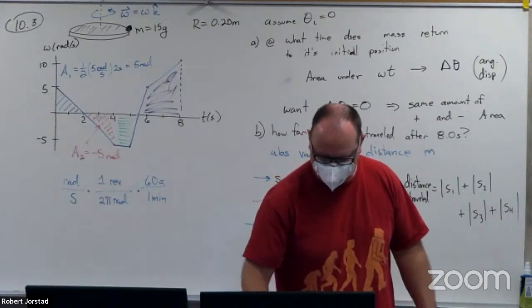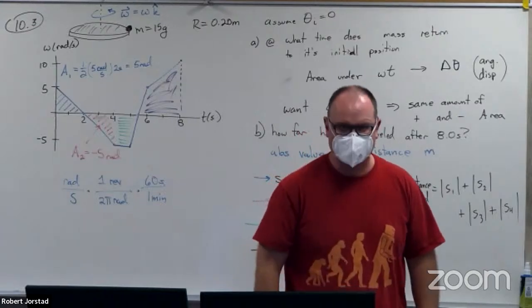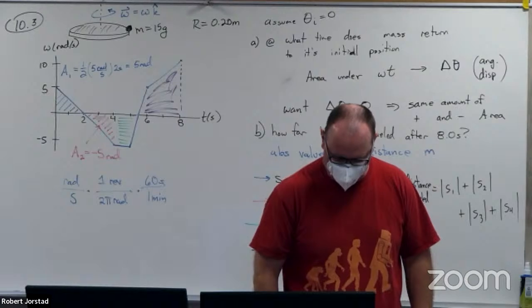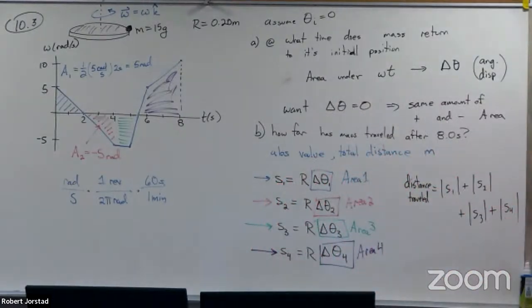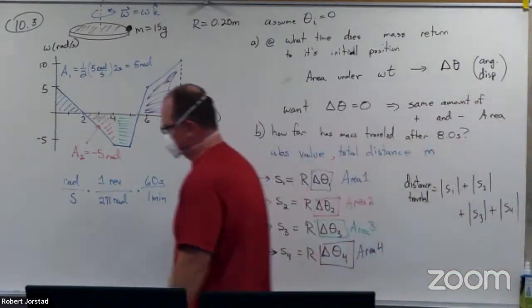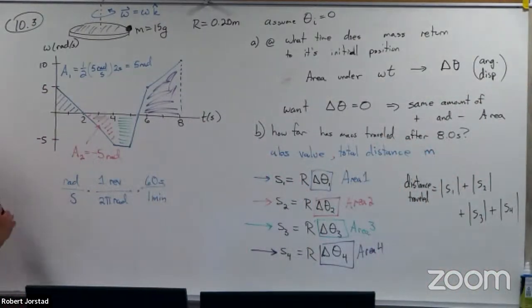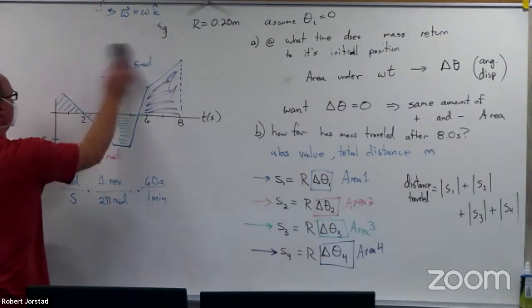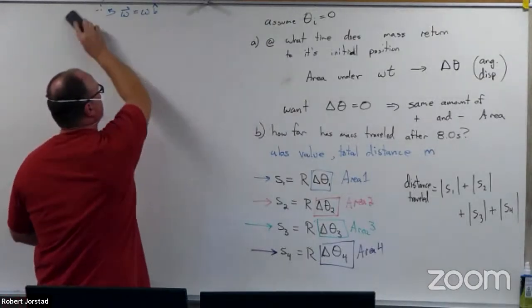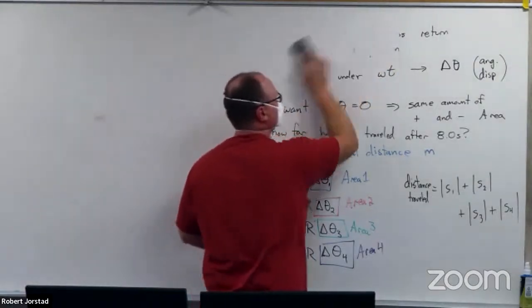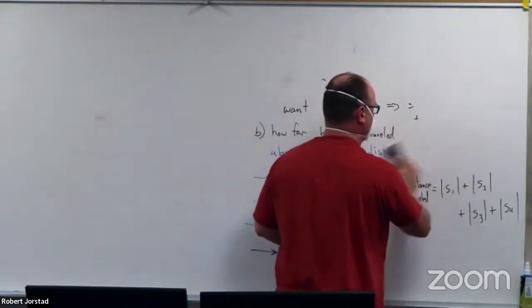Two more. We can do this. 10.4. Lightning round. I'm going to erase this. Any questions while I got it up? Okay, 10.4. We can do this. Like a review of chapter 2 in one day, huh?